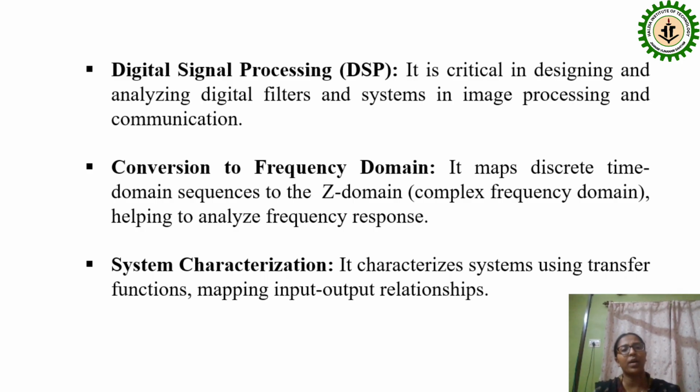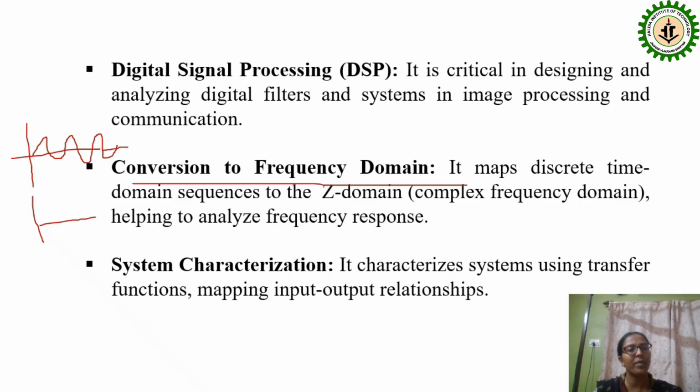The next point is the conversion to the frequency domain. It maps a discrete time domain sequence into the Z domain. If you have a continuous signal, you can make it a discrete time domain signal by using a sampler.